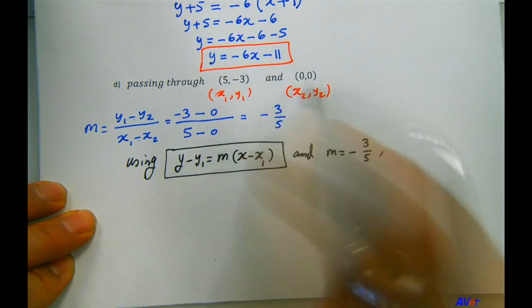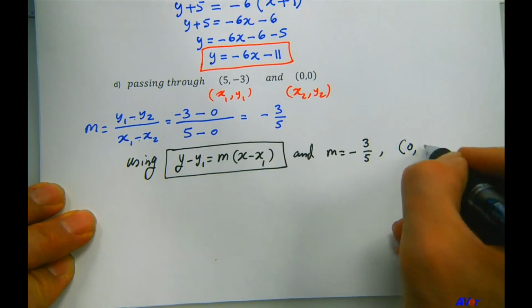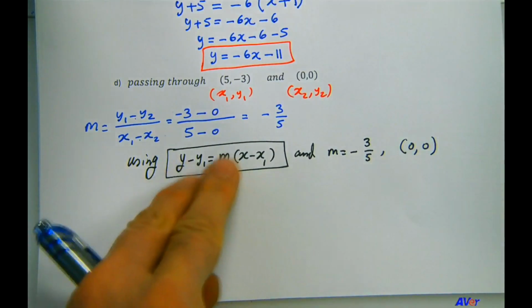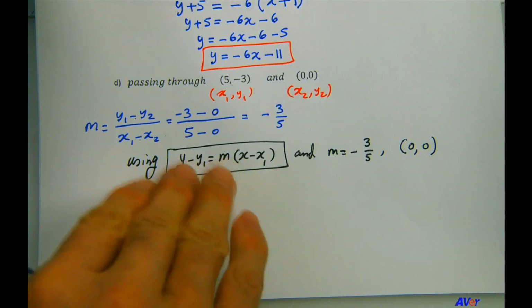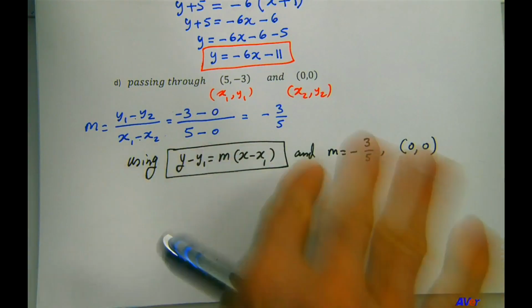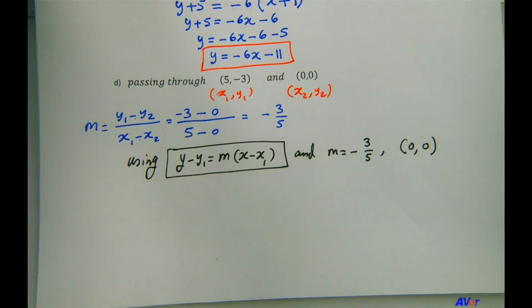I picked that one because it's easier. Using that, we have the general equation in point slope form. Let's plug in here with our specific information, because we are looking for a specific line.